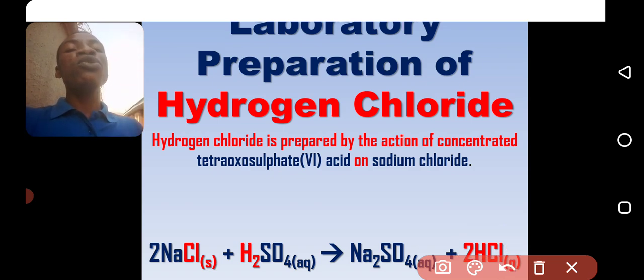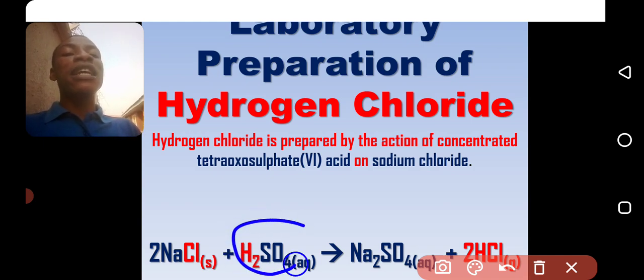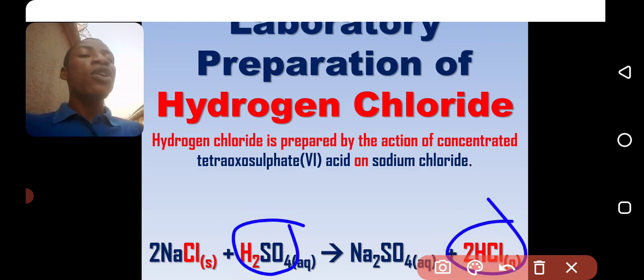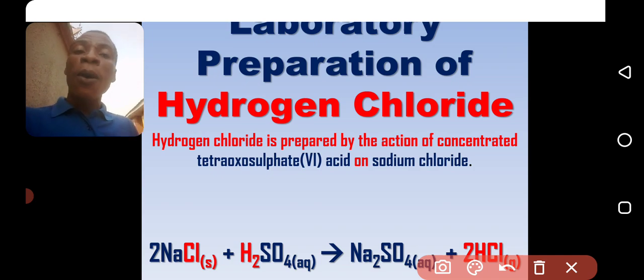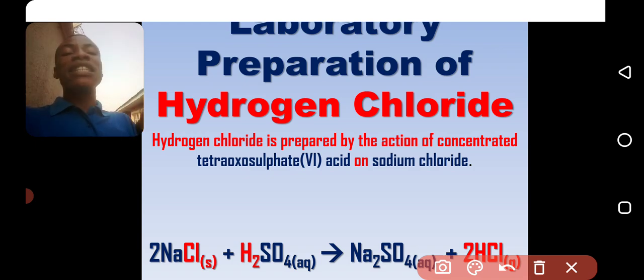So you can use a stronger, less volatile acid to produce a weaker, more volatile acid, that is, an acid with higher boiling point can be used to prepare another acid with lower boiling point. But if that other acid is stronger, and that is what we have in this case, H2SO4 is stronger than HCl, so I can use H2SO4 to prepare HCl by reacting the conc H2SO4 with a salt that contains chlorine, Cl, inside.